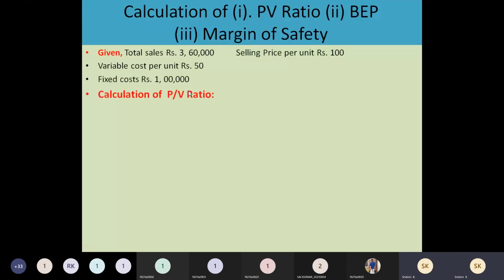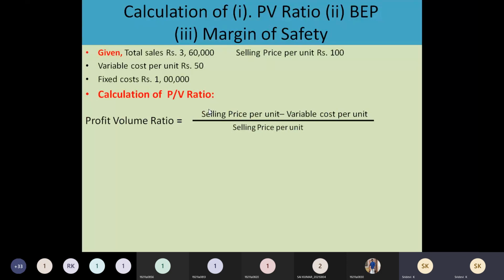So first give the heading, calculation of PV ratio. Always calculate PV ratio first. Selling price per unit minus variable cost per unit divided by selling price per unit into 100. So take this formula: contribution per unit divided by selling price per unit.